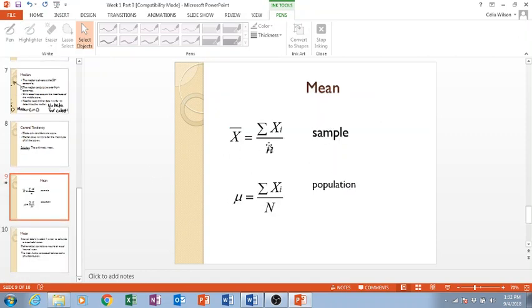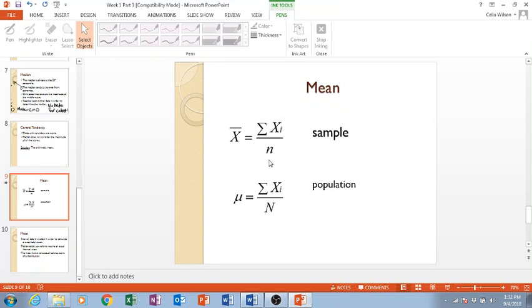All right, so here are your formulas for the sample mean and the population mean. The sample mean is what I showed you earlier in that earlier PowerPoint. The population mean is the same, except the symbol now becomes mu and the N becomes capitalized. So a capital N means the number in the population.